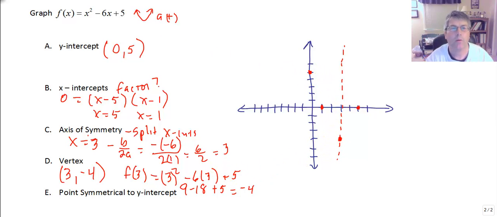And the final point that I need is my symmetrical point. So I am 3 units away here. So I'll go 3 more units. And that particular point is now located at 6, 5. And I can go ahead and graph my parabola.